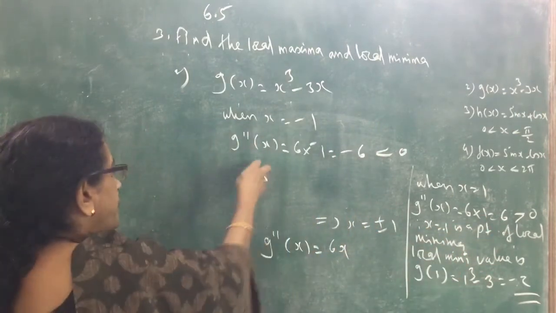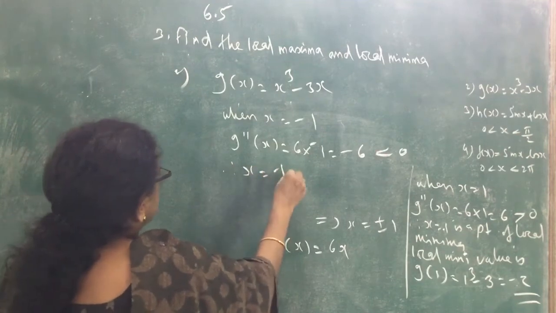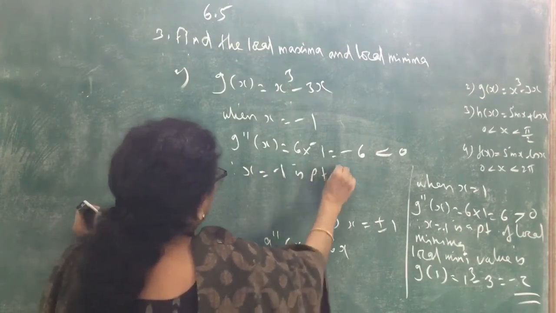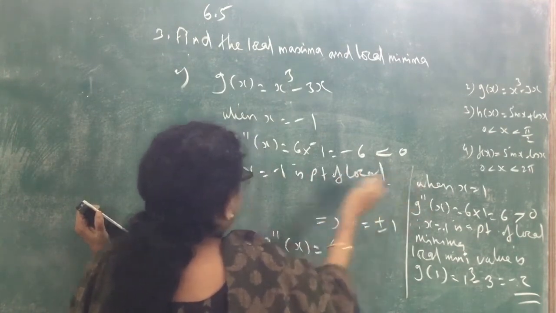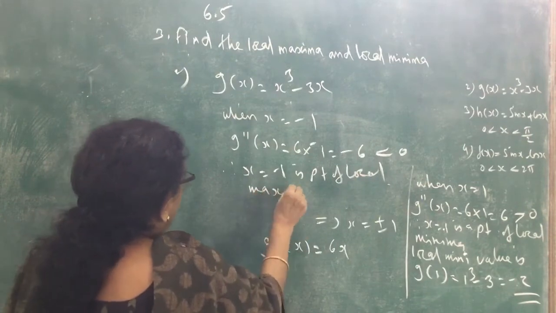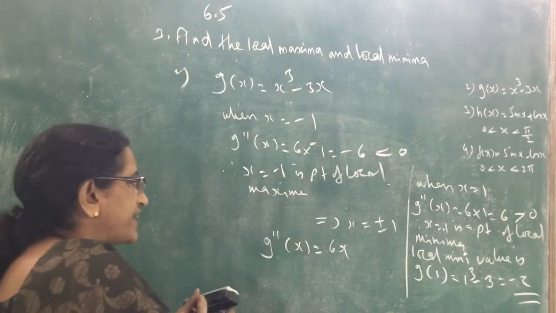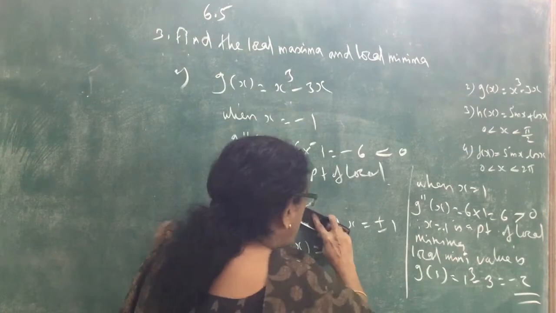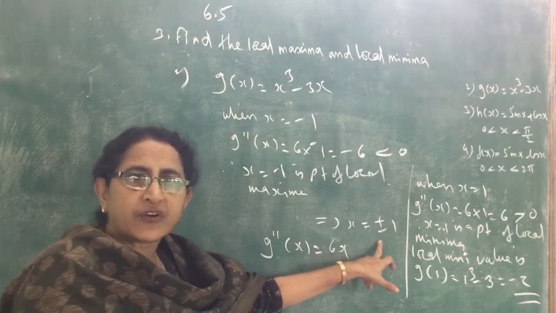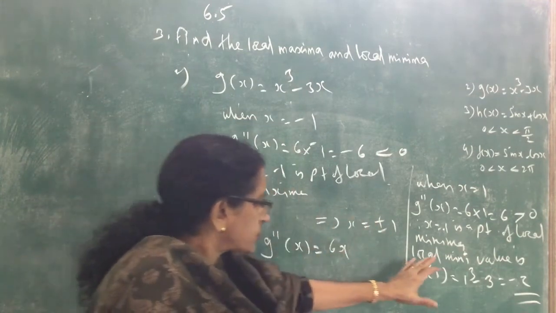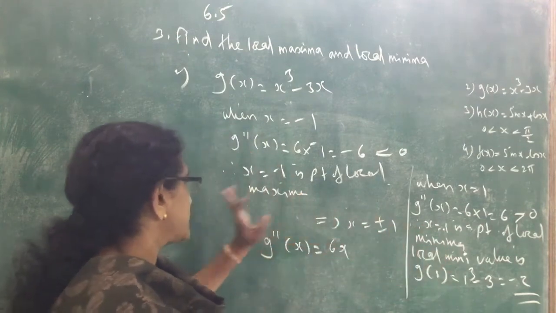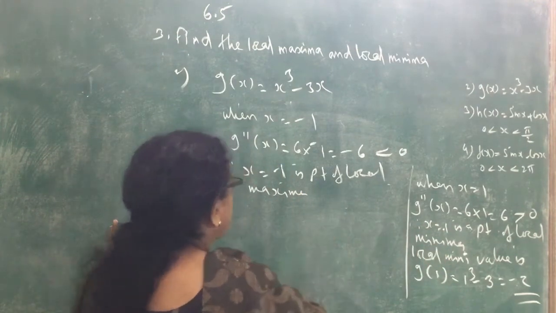Therefore, x equal to minus 1 is a point of local maxima. Then we have to find the corresponding local maximum value. We have checked both points, so now we can write the conclusion.